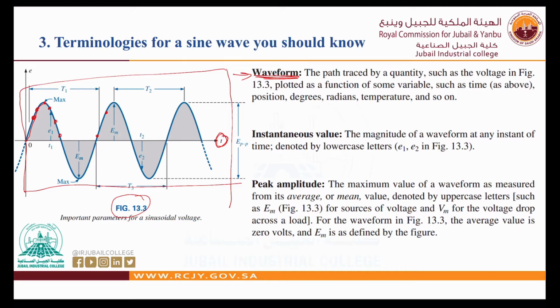And the instantaneous value is the magnitude of a waveform at any instant of time. What is the instantaneous value? Let's say the value here. Instantaneous means for the time being now. When I put my finger here, guys, what is the value of this point?